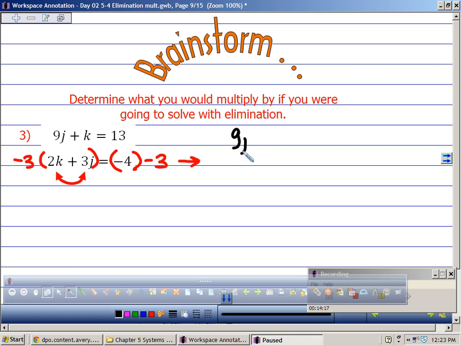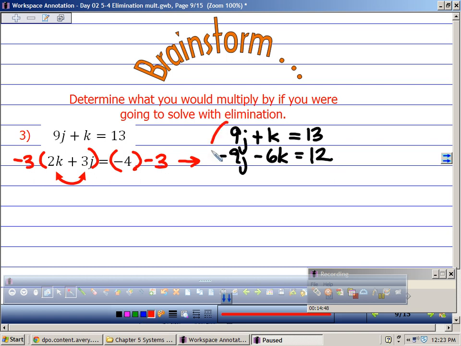9J plus K equals 13. And negative 9J minus 6K equals positive 4.